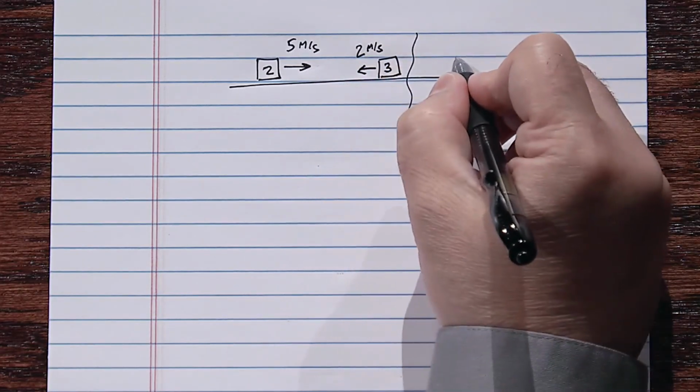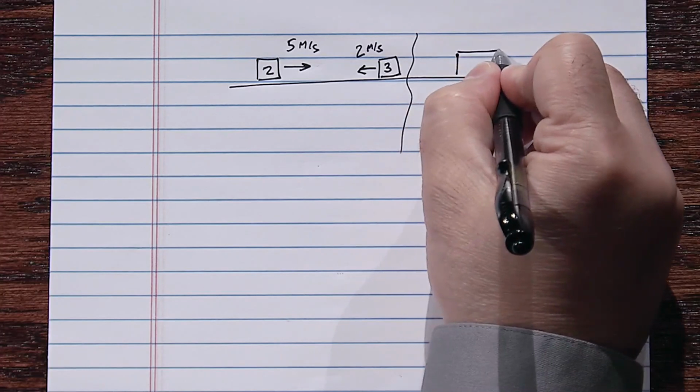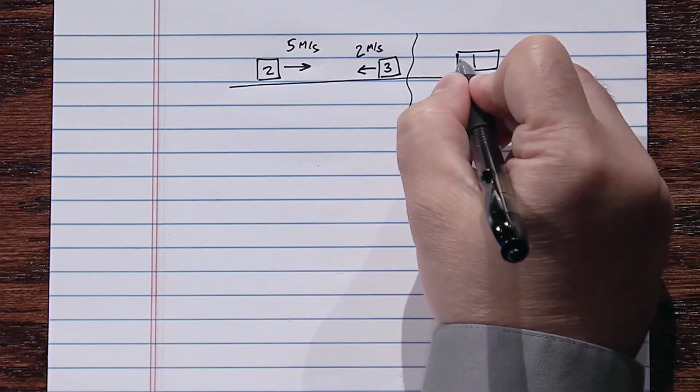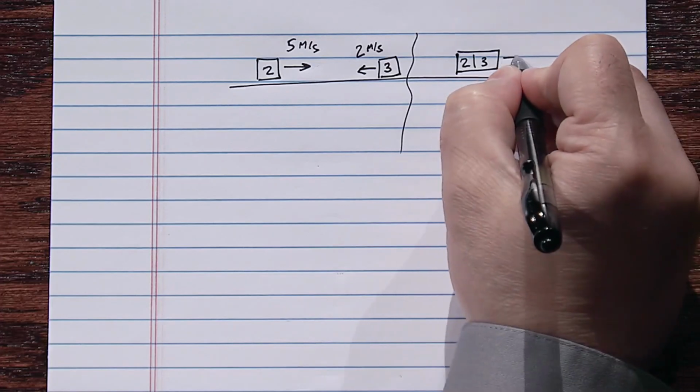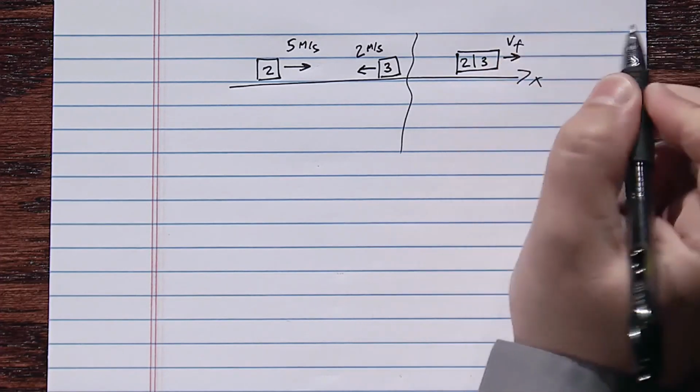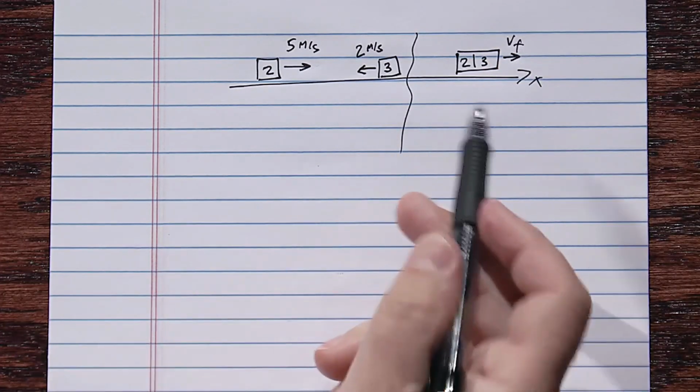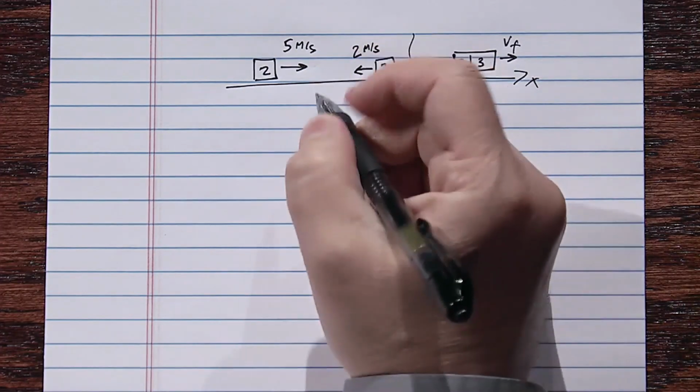And they collide and they stick together so that we have 2 and 3. They're moving at some V final, which for the time being I'll assume is in the positive x direction.